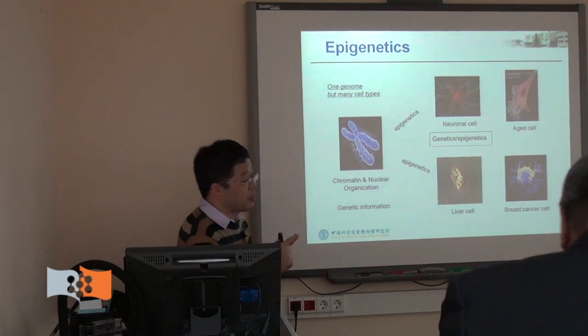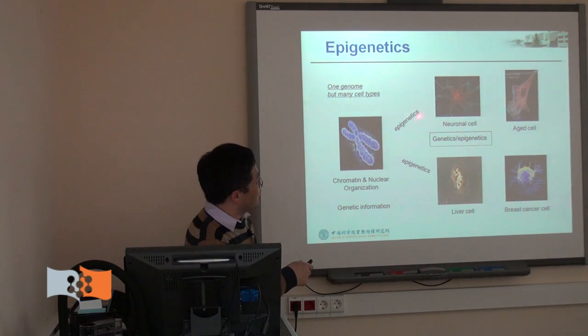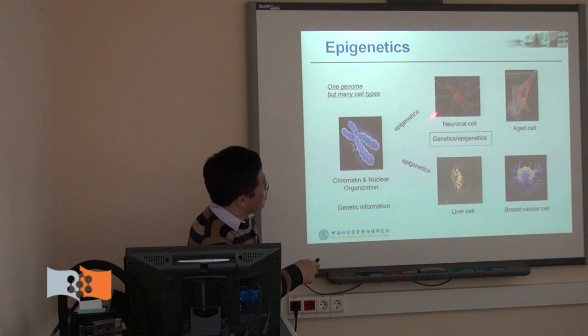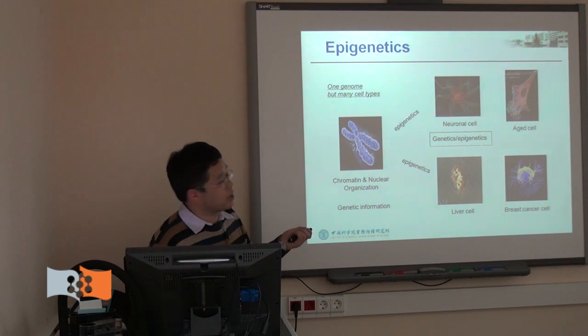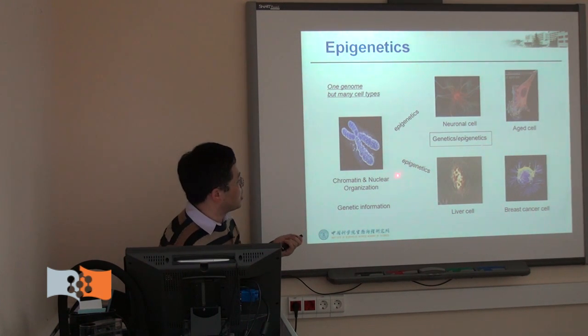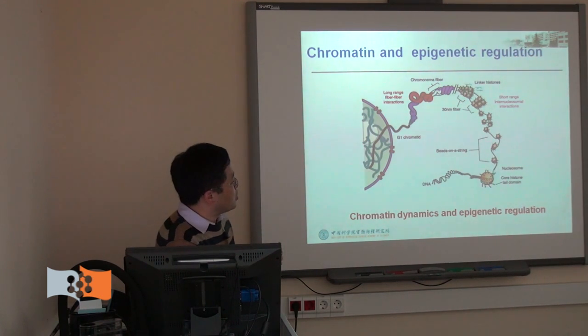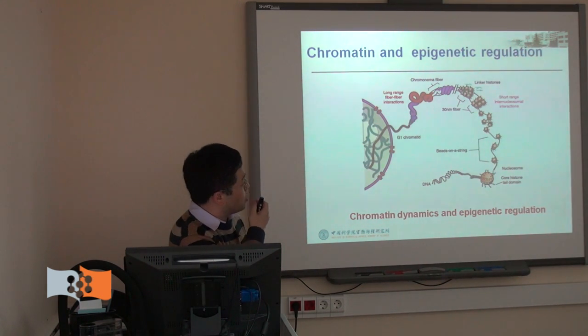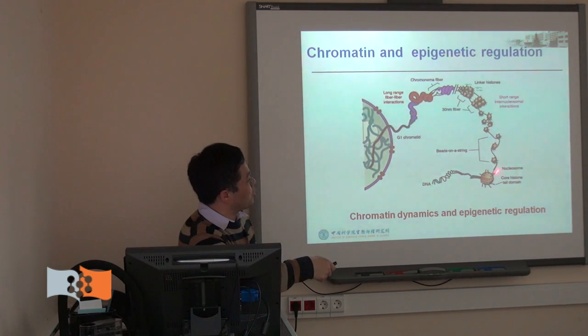Every cell has the same DNA information, but why can they differentiate into different cells, for a neuron cell or some other cells? There is some control we call epigenetic regulation. In the process of epigenetic regulation, the chromatin structure plays a very important role.